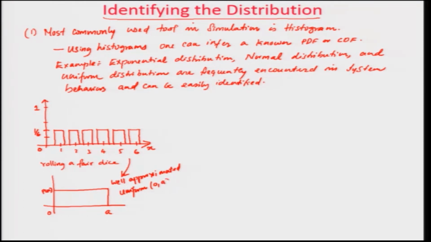Let us think about another scenario. Here is the probability, and here is 1, 2, 3, 4, 5, 6, 7 all the way like this, and your histogram looks something like this.